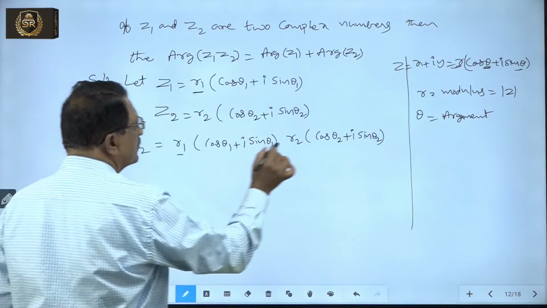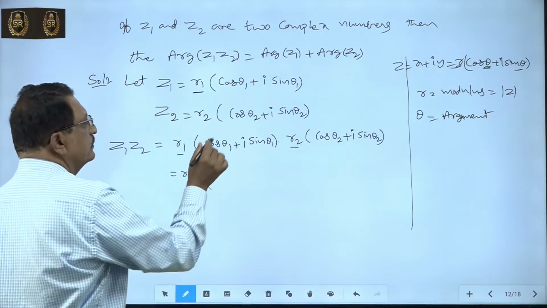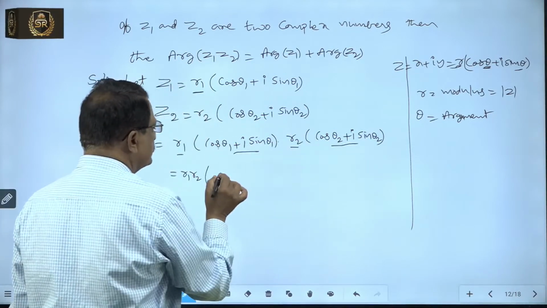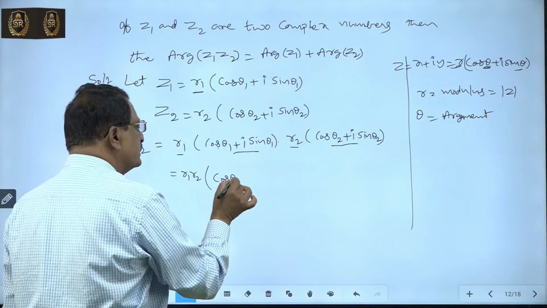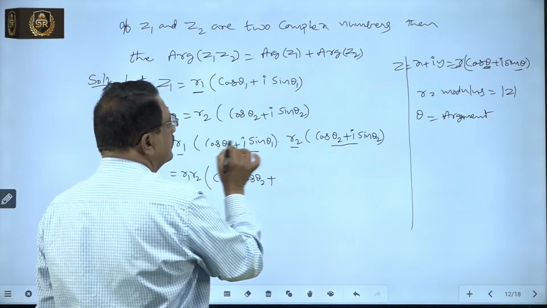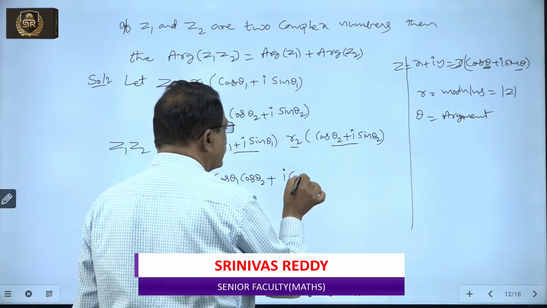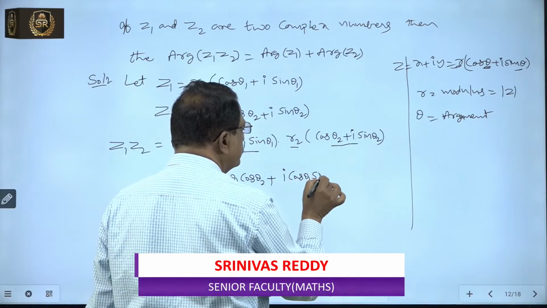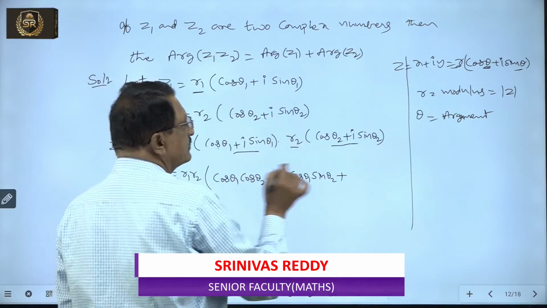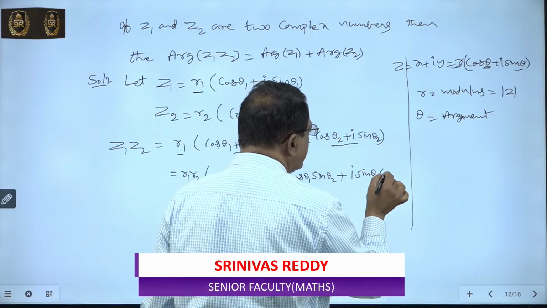Now r1 r2 into these two factors multiplied together: cos theta 1 into cos theta 2, plus cos theta 1 into i sin theta 2, that is i cos theta 1 sin theta 2, plus i sin theta 1 into cos theta 2, i sin theta 1 cos theta 2.